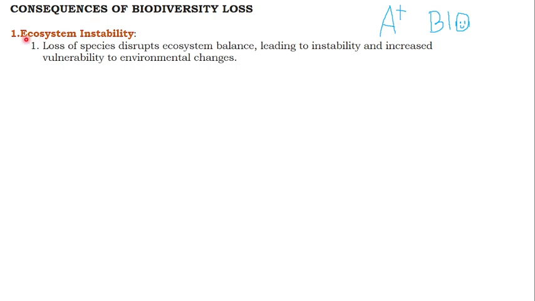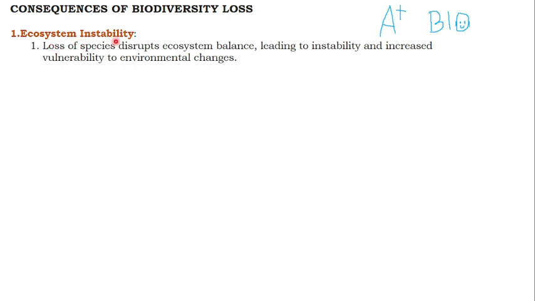Number one is ecosystem instability. Imagine you have only one species in your ecosystem, for instance herbivores. They will eat all the grasses there. Once all the grasses are removed because you have too many herbivores, you end up with a desert in your area because you don't have all the species.